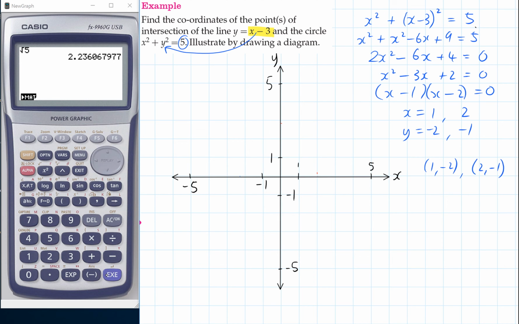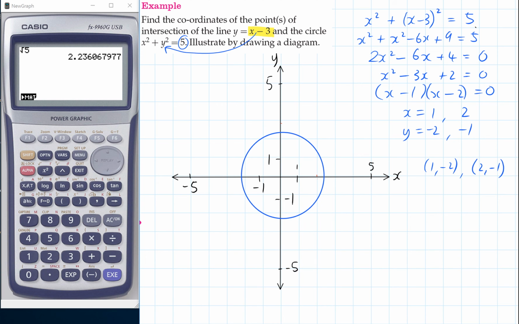I'll just try and sketch this in as carefully as we can, and with a little bit of help from OneNote, that's almost perfect. We just need to make that a little bit bigger, out that way. There we go, that's about right.